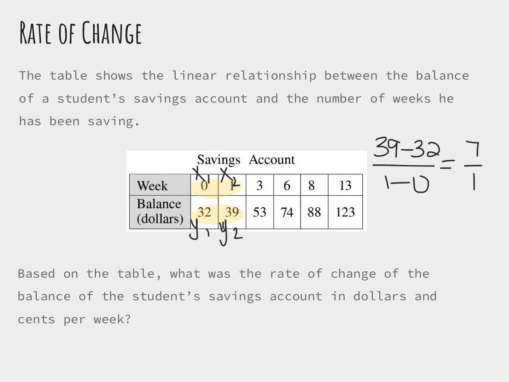Now this is a real world problem, so we can say that my rate of change is equal to 7, but I want to know 7 what? So in words, I'm going to put my y per x. So $7 per 1 week or per week. So again, it's always going to be the y per x.